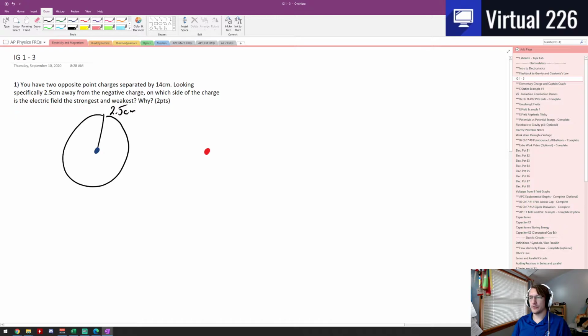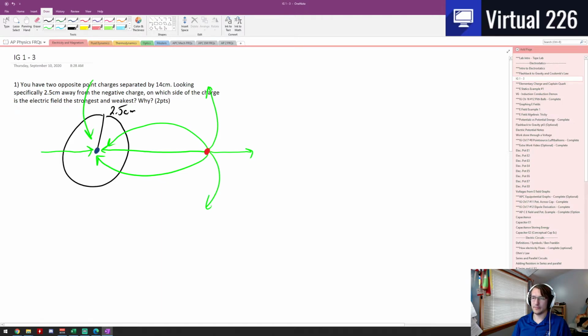So we know electric fields go from positive to negative. Coming in from infinity here, because they're going out to infinity here, and then we kind of get a big curve like that. Okay.